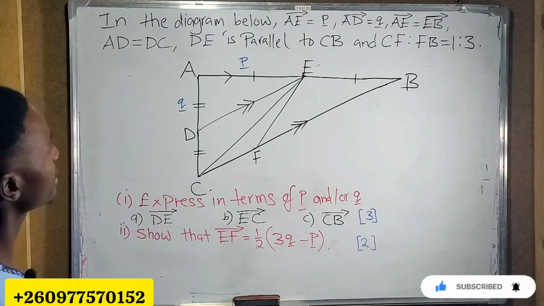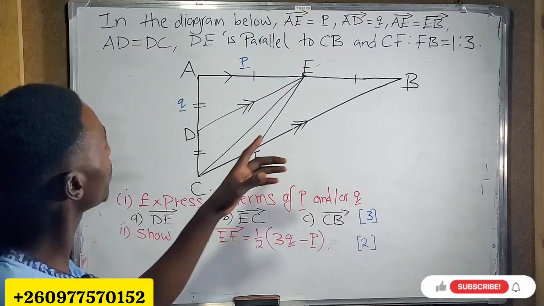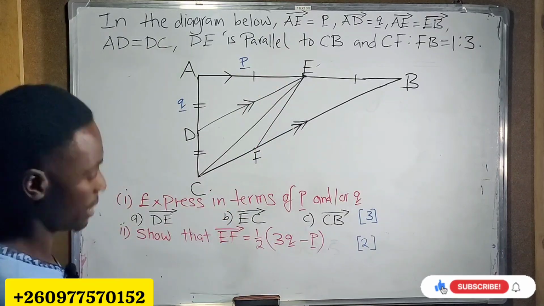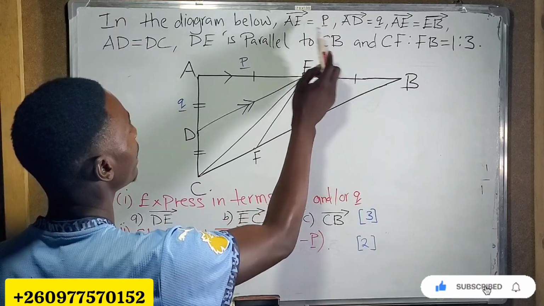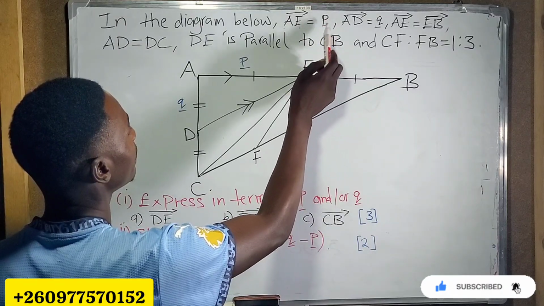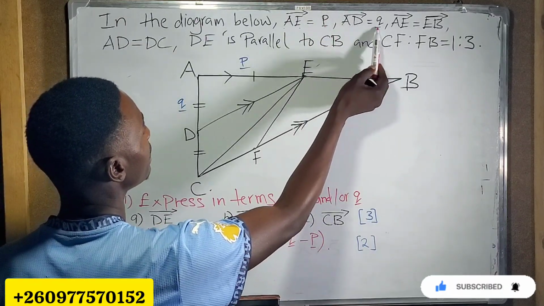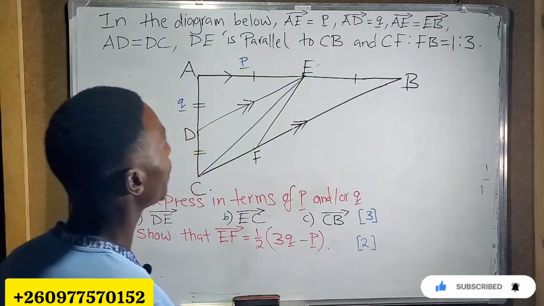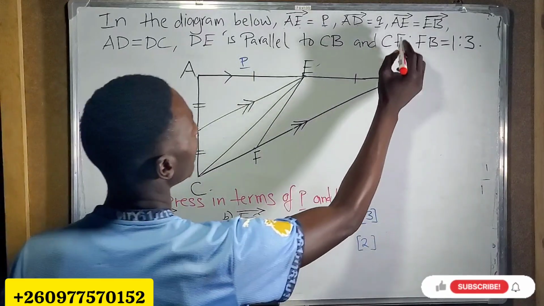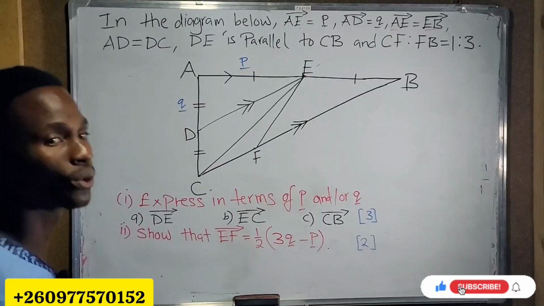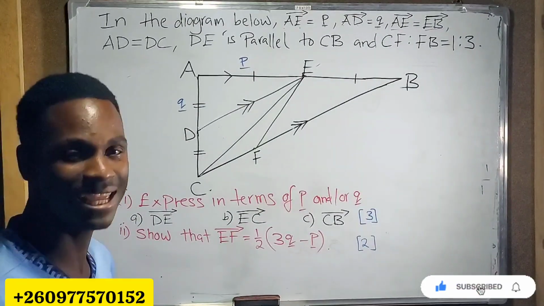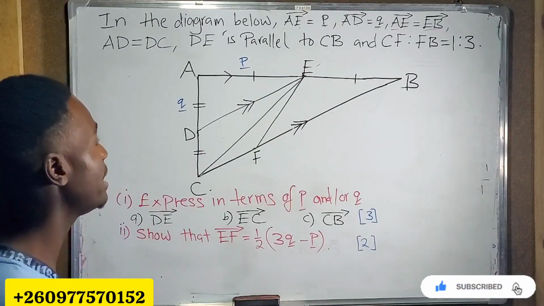So the question says, in the diagram below, vector AE is P, vector AD is Q, and another piece of information is that vector AE is equal to vector EB.